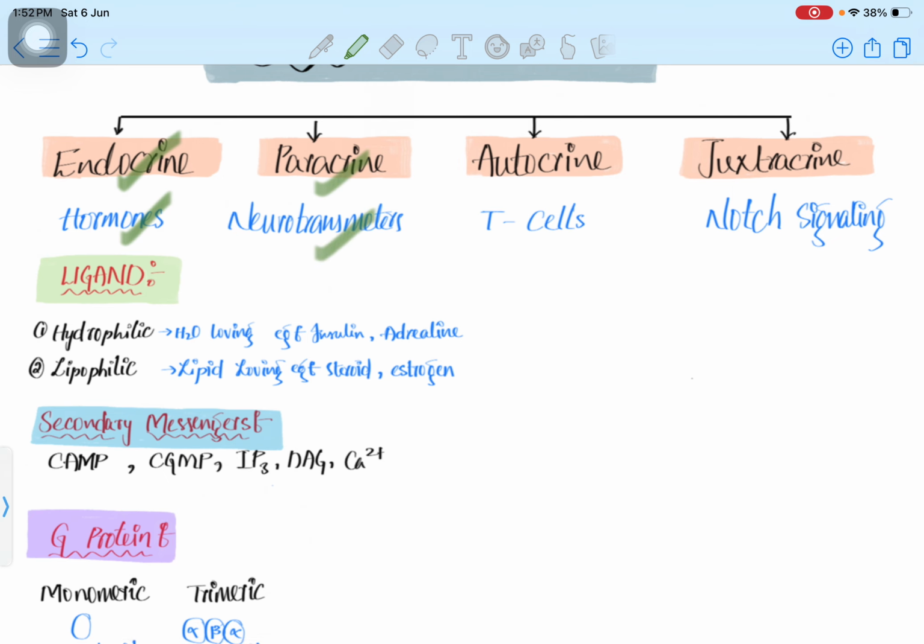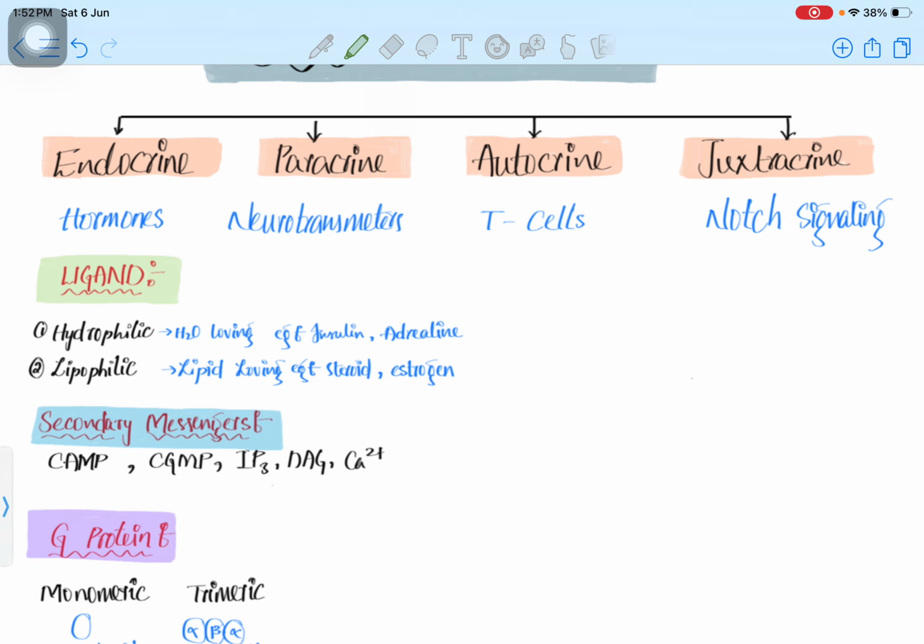Endocrine, where hormones are released; paracrine, where neurotransmitters are released and travel a little distance; autocrine means self-sufficient, releasing for themselves only; and juxtacrine, where the receptor and ligand fit completely into each other and signal whenever needed. It comes under notch signaling.